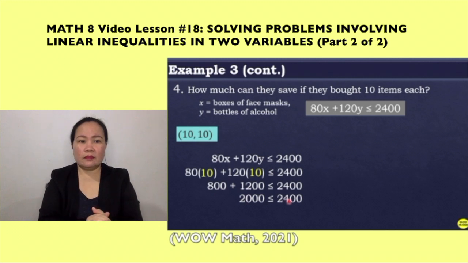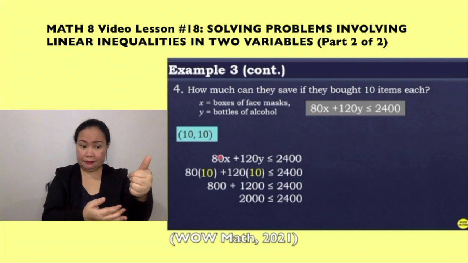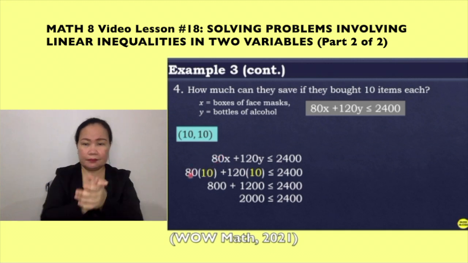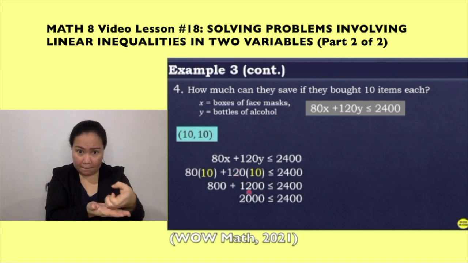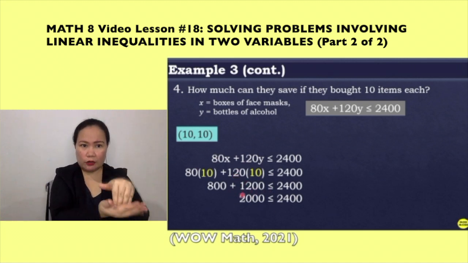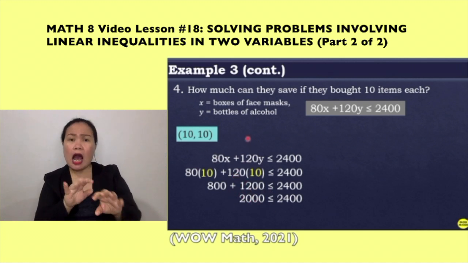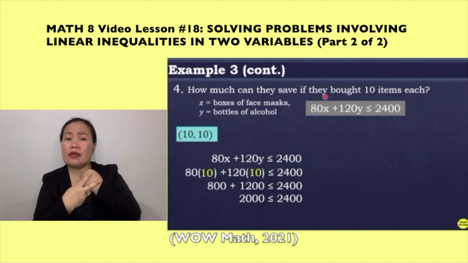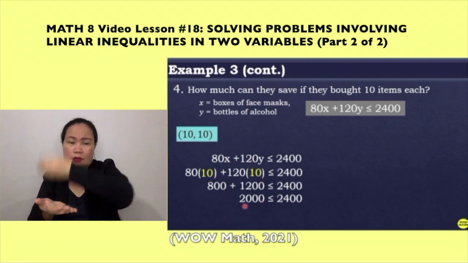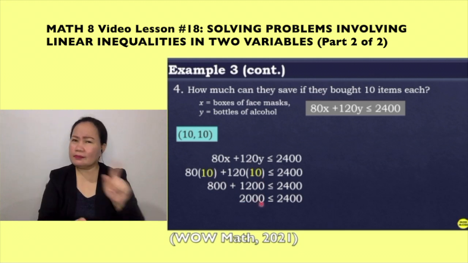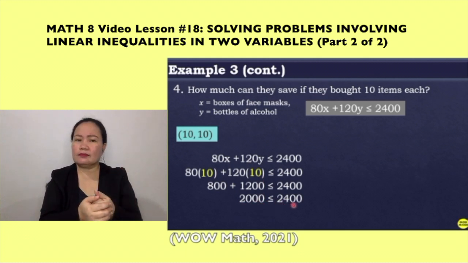Now, since ang tanong is, so ibig sabihin, kung bibili sila ng 10 pieces ng face mask at 10 pieces ng alcohol, ang magagastos nila o ang expenses nila ay 2,000. So, ang tanong, how much can they save if they bought 10 items each? So, dun sa 10 items each, ang expenses ay 2,000. So, what's the next step? Anong gagawin mo?